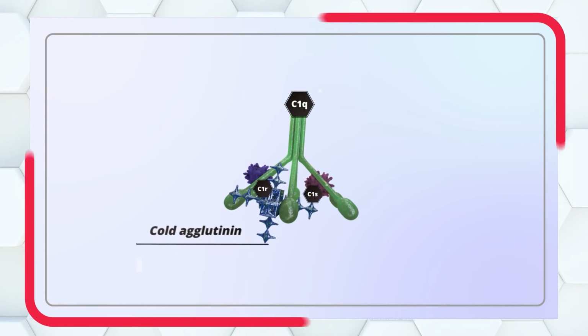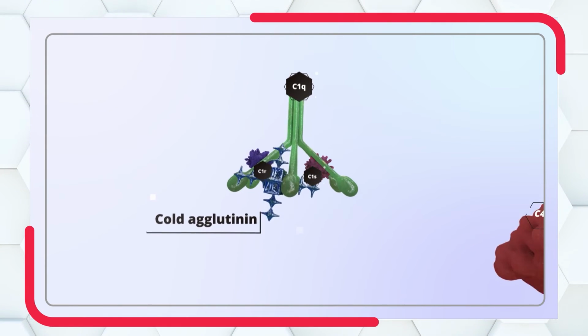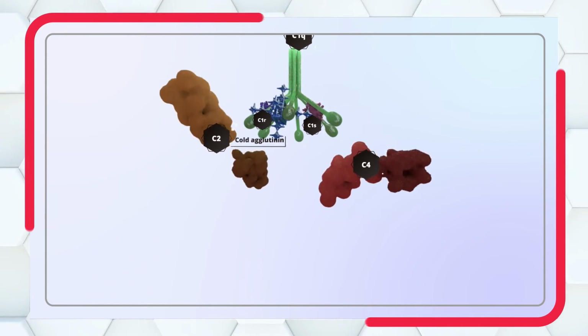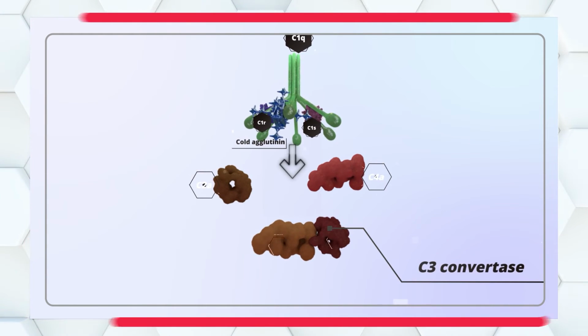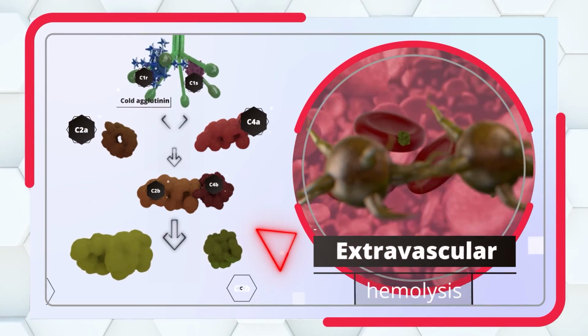The classical complement pathway plays a central role in CAD. Elements in this pathway are activated sequentially, suggesting multiple points of intervention to halt the disease process.